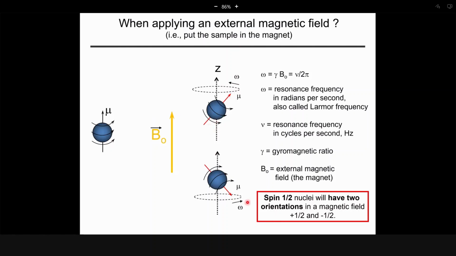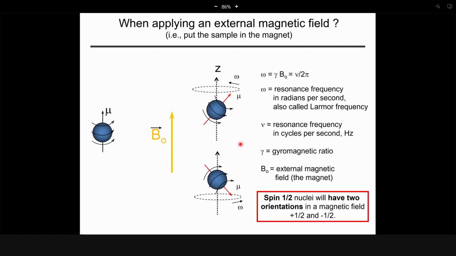When the spin number is equal to 1/2, you will have two energy levels, each characterized by an energy. If we stop here, this is the only thing we can see. We don't have any resonance yet. We just have a distribution of nuclei on two energy levels.